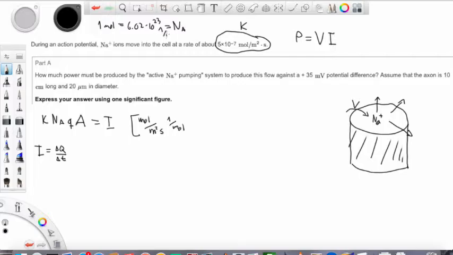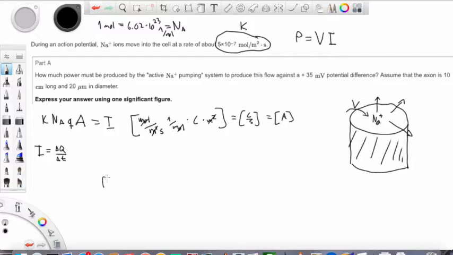So this is 1 over mole. Then the unit of charge is coulombs. The unit of area is square meters. So moles cancel and the meters squared cancel. So we are left only with coulombs per second, which indeed is an ampere.